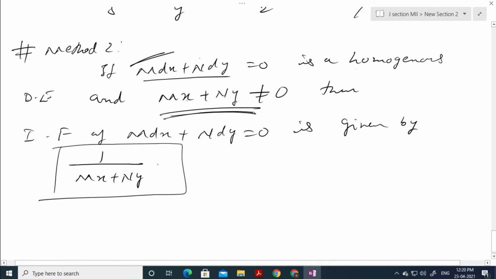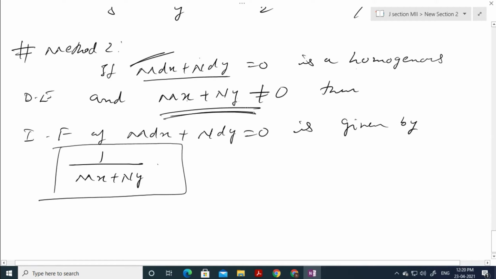You have to again check. Tell me, the new term with dx will be m by mx plus ny, is it or not? And the new term with dy will be n by mx plus ny.